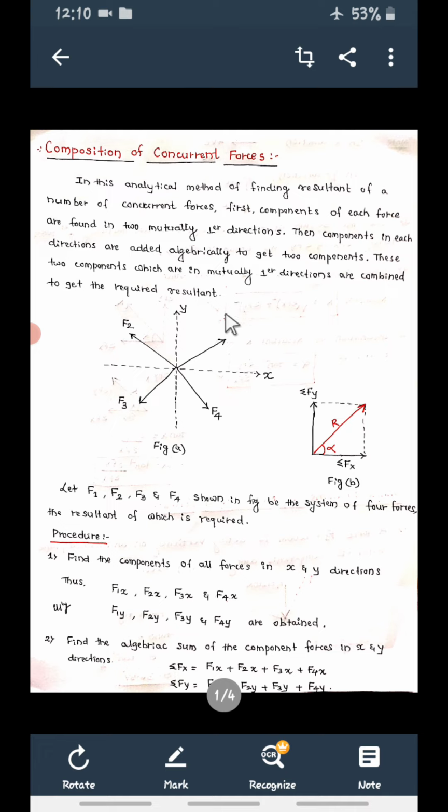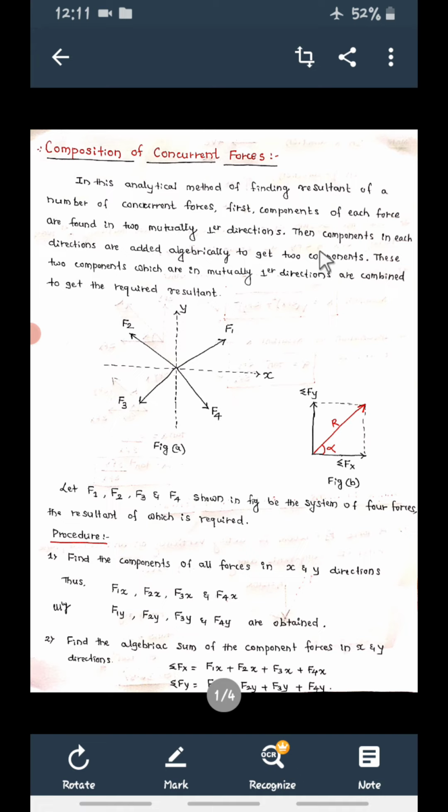That is called F1x, F2x, F3x and F4x. So these are the components along x direction. Similarly, if I resolve these forces along y direction, this will be F1y, F2y, then F3y, F4y. So each force will be resolved along x direction and along y direction.